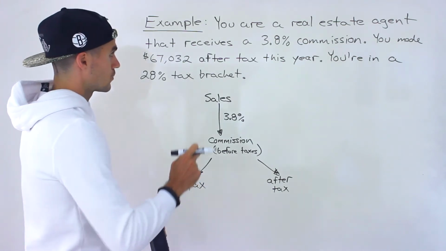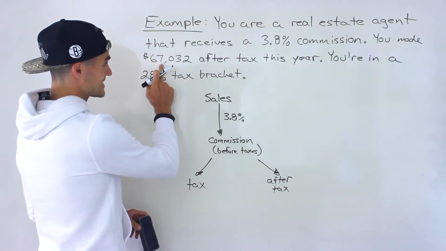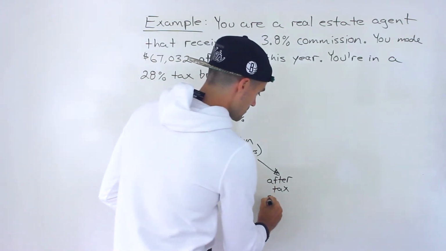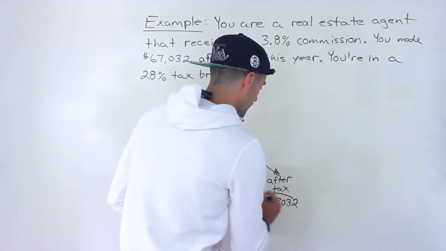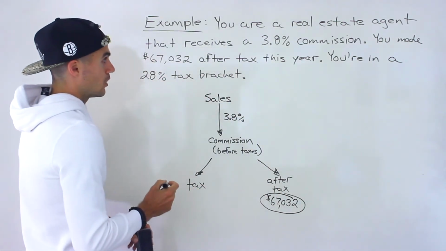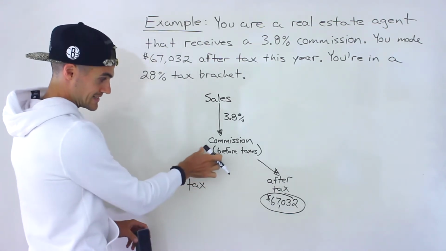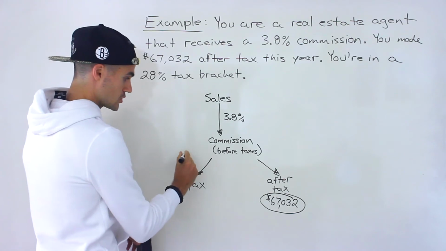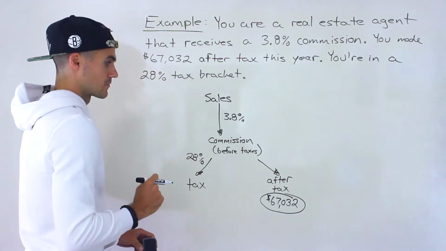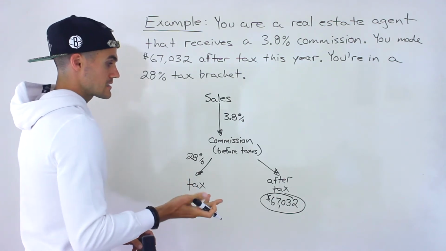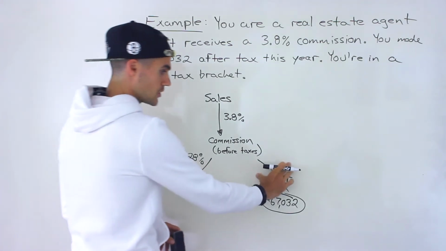We're told that this after-tax amount is $67,032. This is the amount that we're given over here. We're also told that you're in a 28% tax bracket. So the amount of taxes that you're paying on this commission is going to be 28%. If you're paying 28% of these commissions as taxes, how much are you left with?